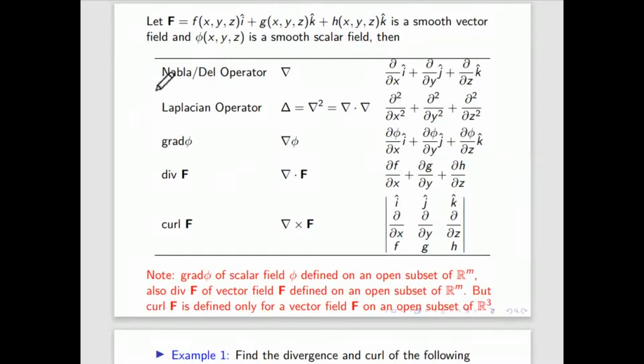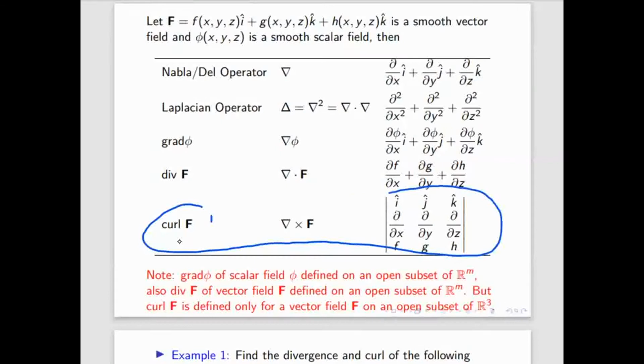So that is the note: the nabla operator, Laplacian and divergence are defined for any Rn, but the curl is defined only for a subset of R3. You can define it in R2 also, and R3, but you cannot go beyond R3. That is only for the curl. The others can go to R4, R5, even Rn also. So that is the note.